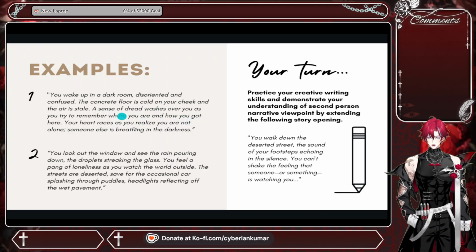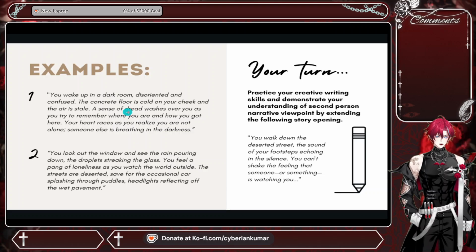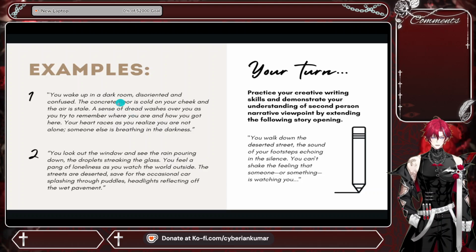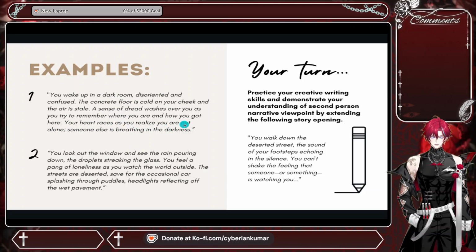So you see, this is actually calling for the reader to experience this, right? What happens here is that if the user is disconnected from the story, they would not really feel that.